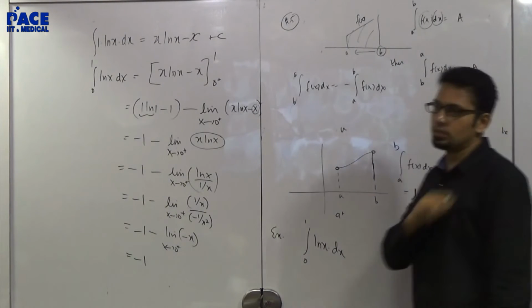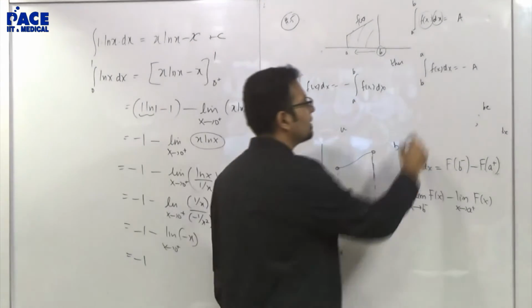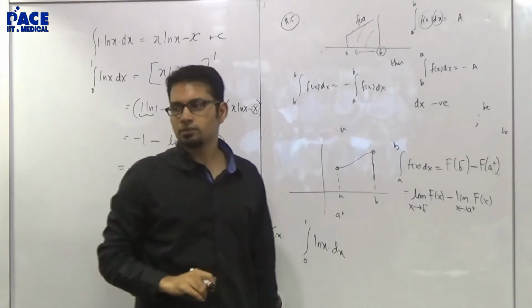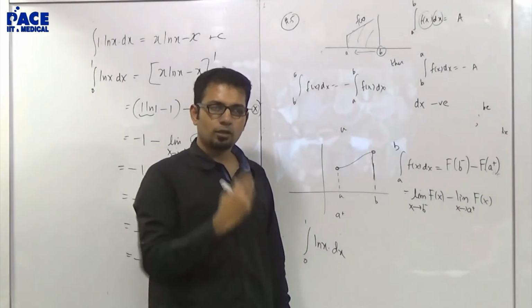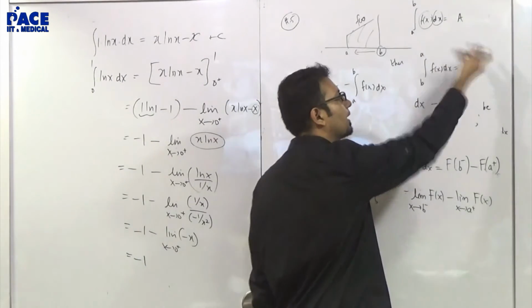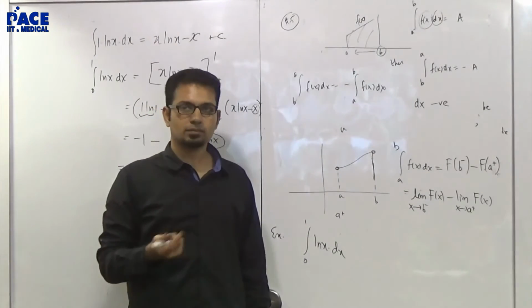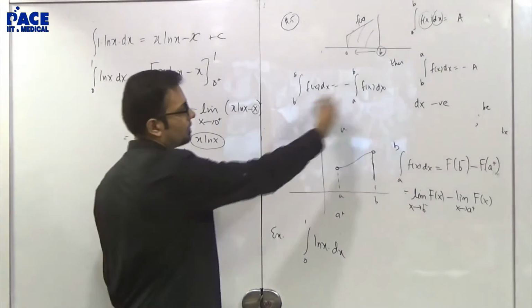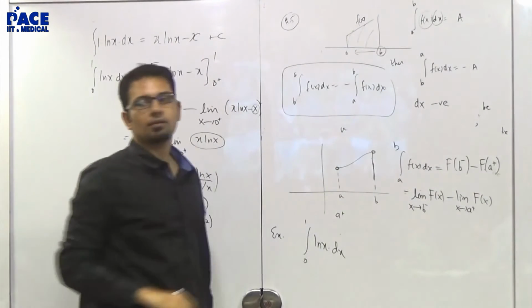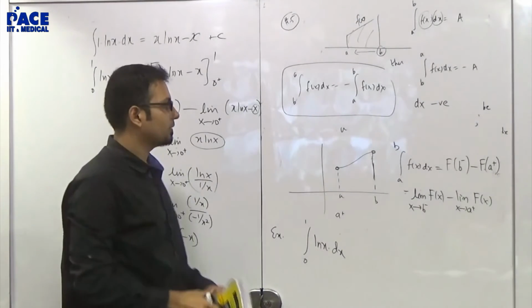We are going backwards. x is decreasing. Now if x is decreasing, dx is negative. You can think of it like this. Okay? So if dx is negative, f(x) is positive, so therefore इनका जो product आ रहा है वो negative. So from b to a it's actually negative. And this is one property. Integral from a to b is negative integral from b to a. Okay? Is that clear? Okay.